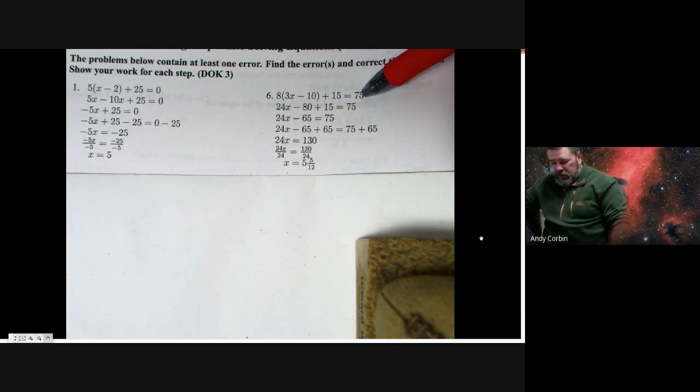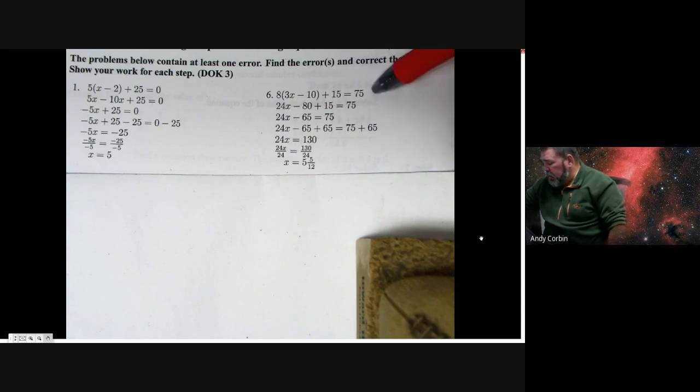Then Mr. Corbin hasn't done a very good job teaching you then, has he? Take a guess. What do you think is the first thing we're going to do in this problem to solve it? Or even look at what was the first thing they did. Distributive property?